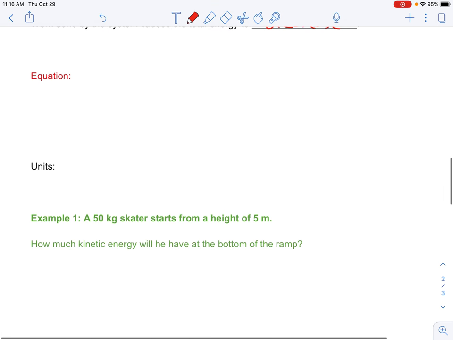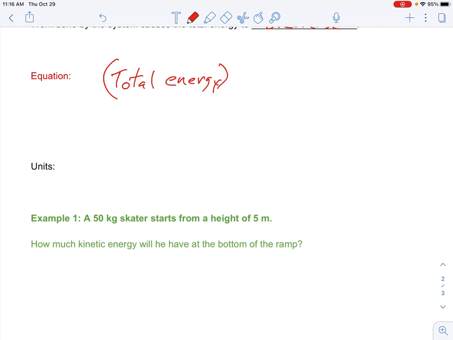Now this law of conservation of energy can be written as an equation. So the total energy before equals the total energy after. Because what we're saying is that the total energy is not changing. And in our particular case, what is the type of energy that we're looking at?